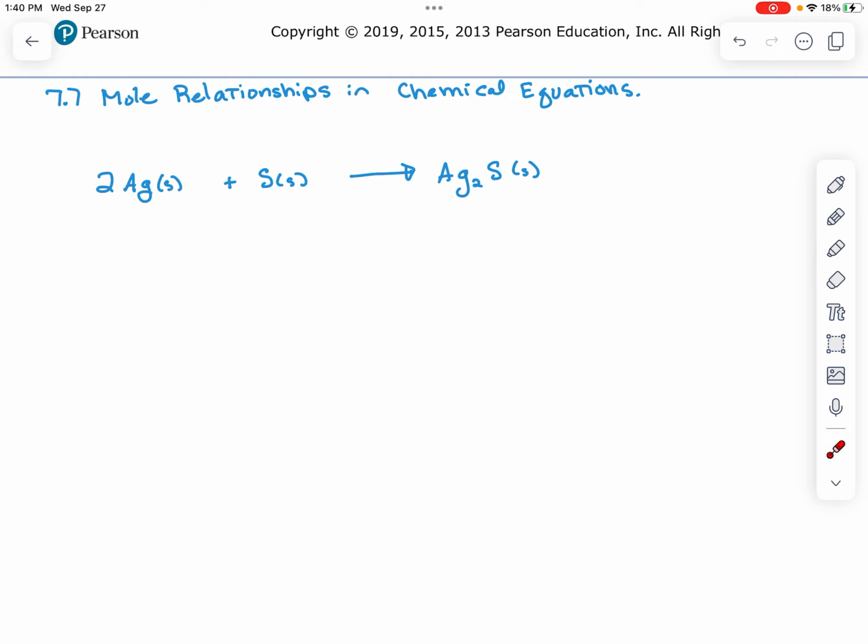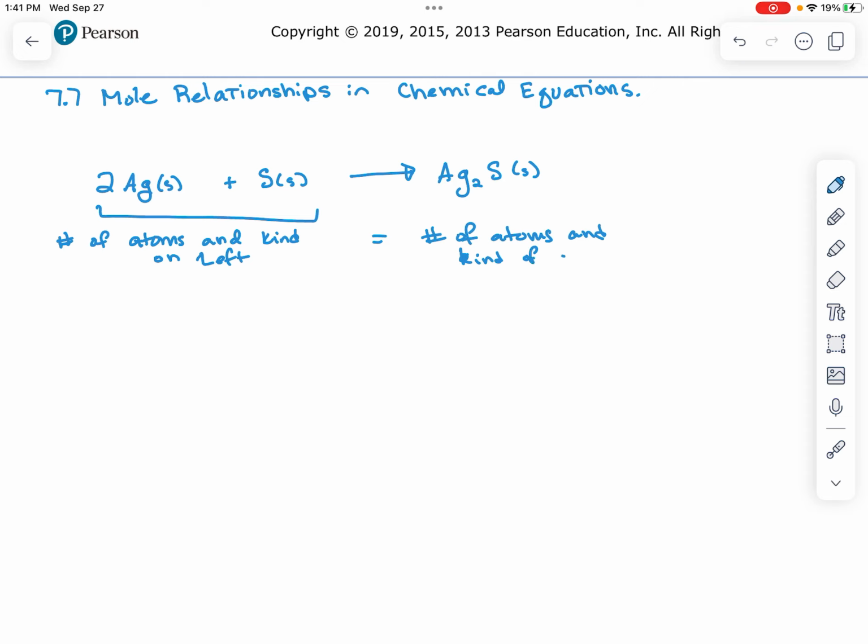Some other things that we can say would include that we know this from balancing chemical equations, that the number and kind of atoms on the left of our balanced chemical equation in the reactants is going to be equal to the number and kind on the right, right?